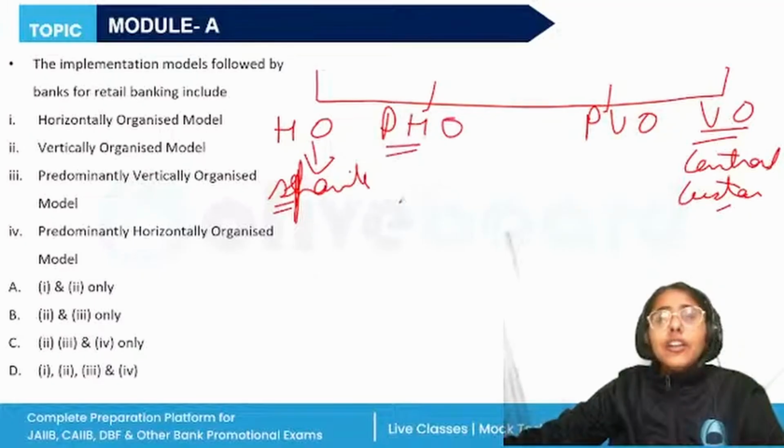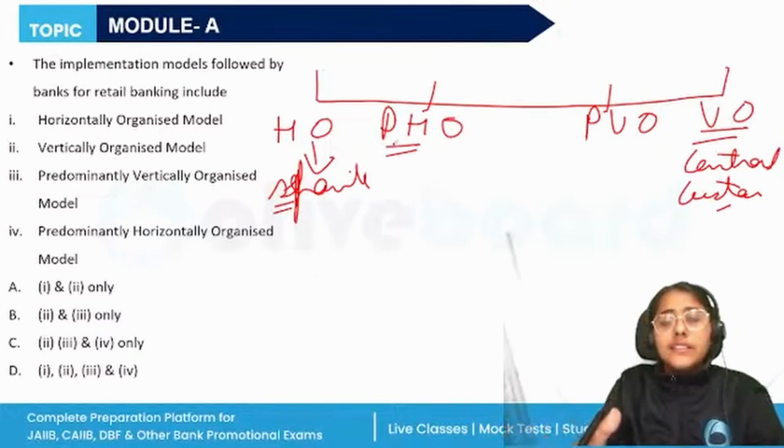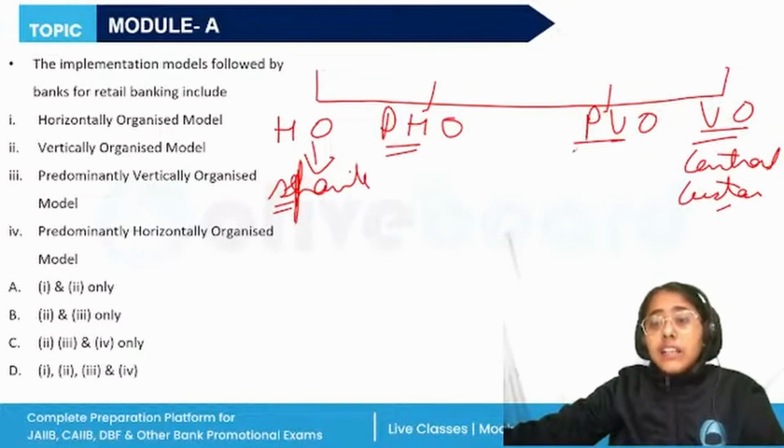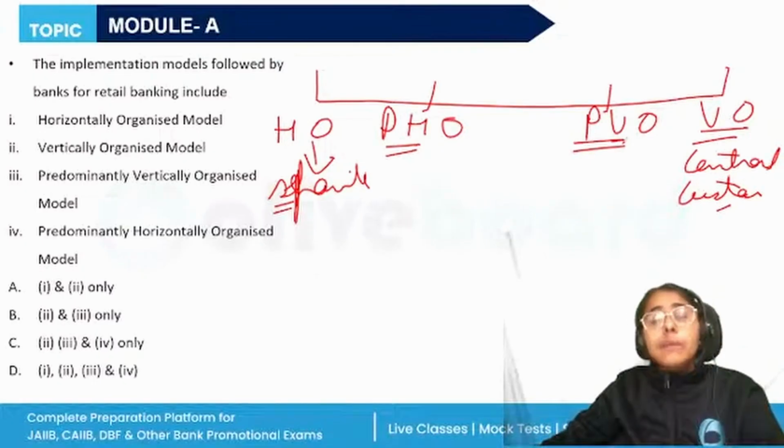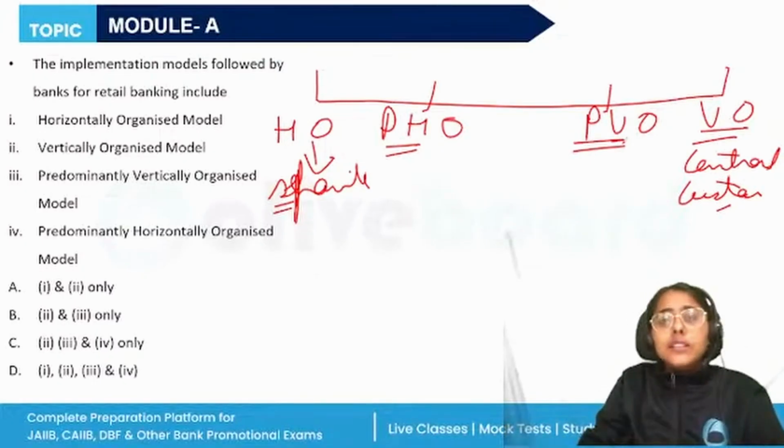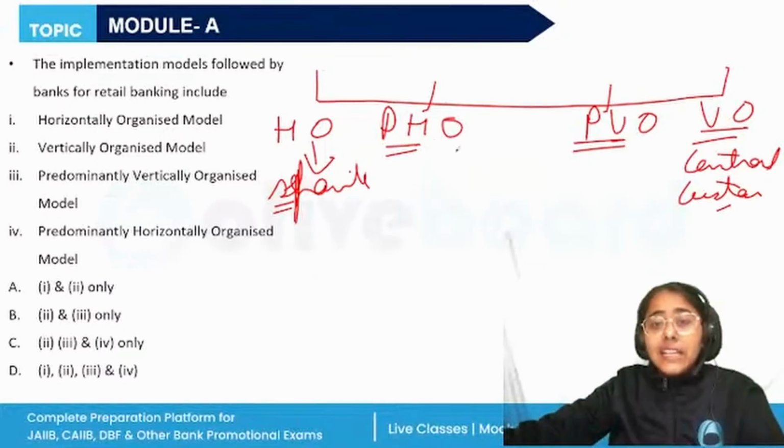In the predominantly horizontally organized, for most of the products, a separate model or separate processing is used, but some customer information integration is there. And in the predominantly vertically organized, for most of the products, common information is used, but for some products, separate processes will be there. So this is the scale which will make the concept clear to you.